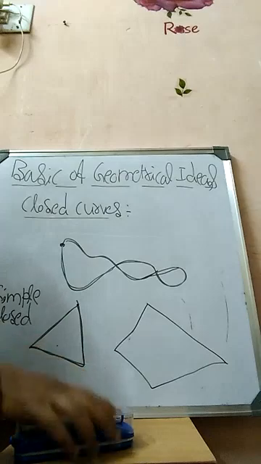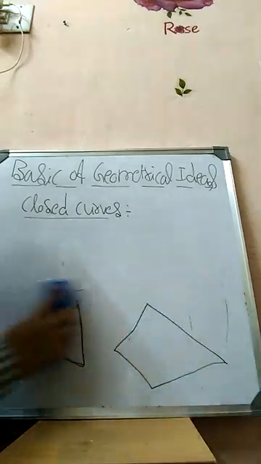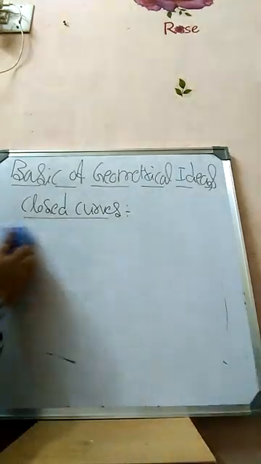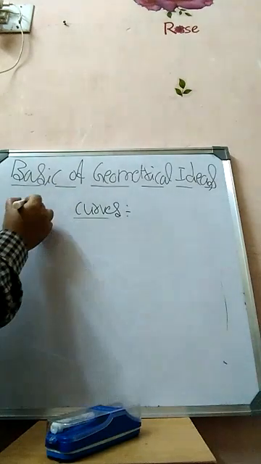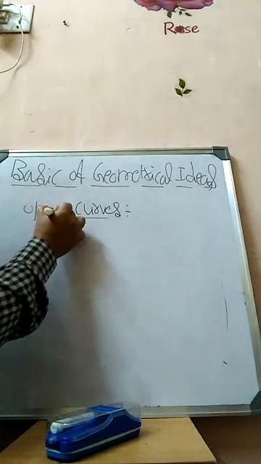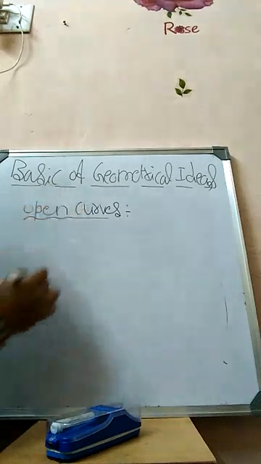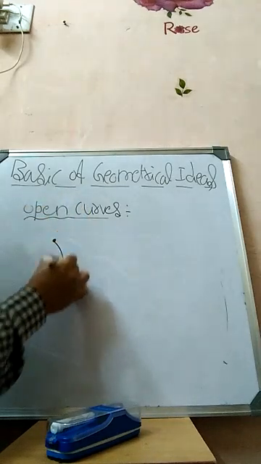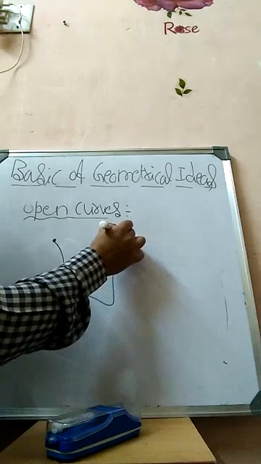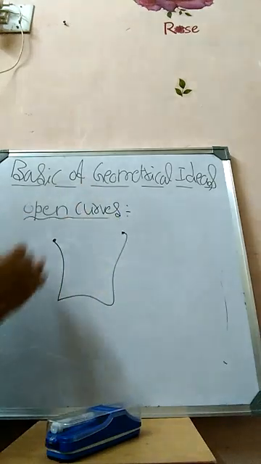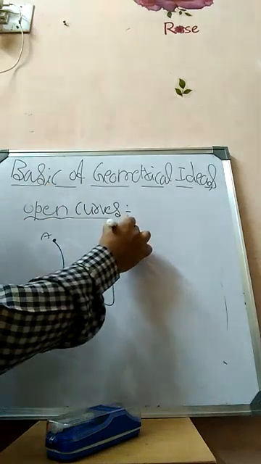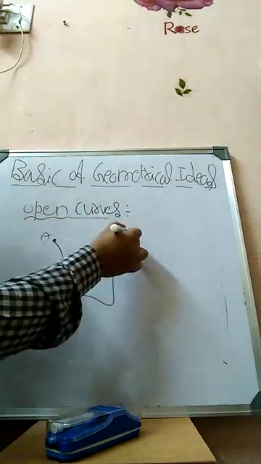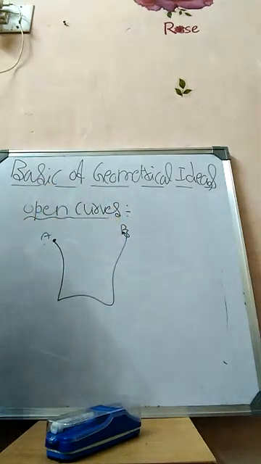And now open curves. The curves whose starting and end points differ. Look, it is A and its end point is B. Both are different.